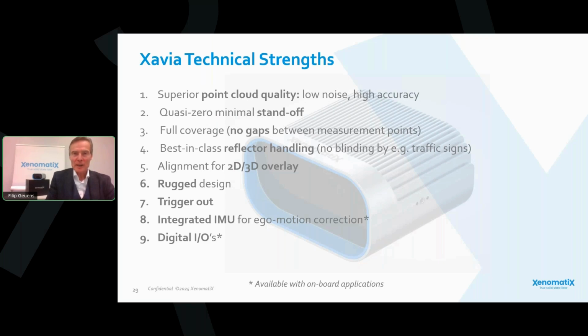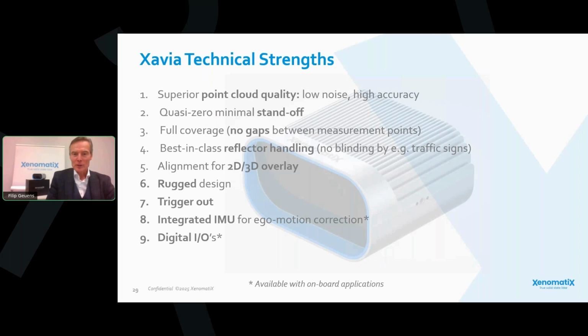And especially for LiDARs that flood the scene with so much laser light, because wherever there is a reflector or a traffic sign, it may blind the LiDAR. That is why we had to develop advanced reflector handling. We have solved this problem. And as a result, Xavia has a very large dynamic range.